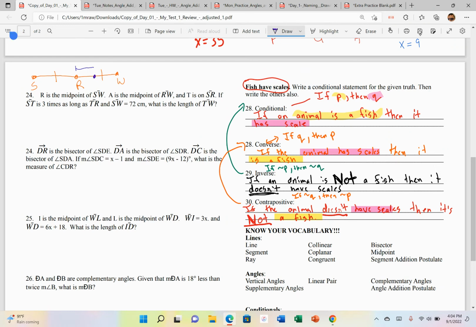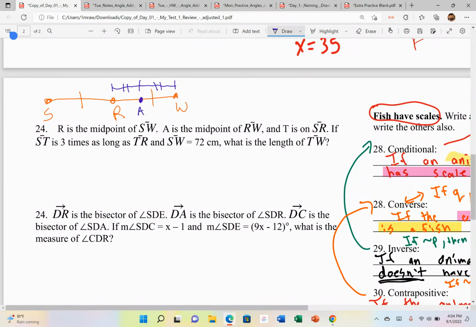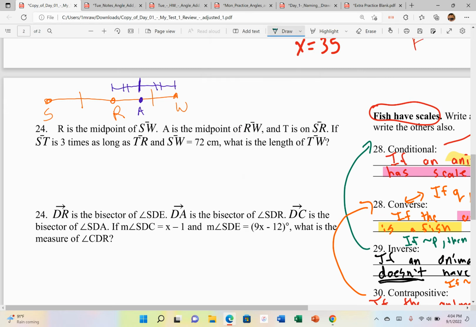That means these two segments are congruent. And T is on SR. So it just says T somewhere on SR. So I'm just going to put T right here.